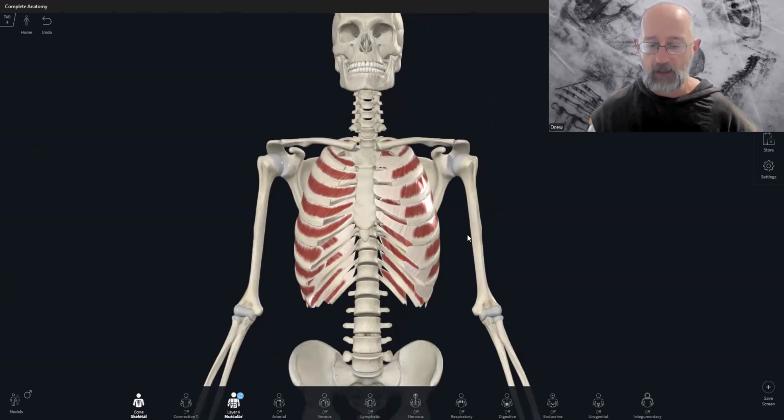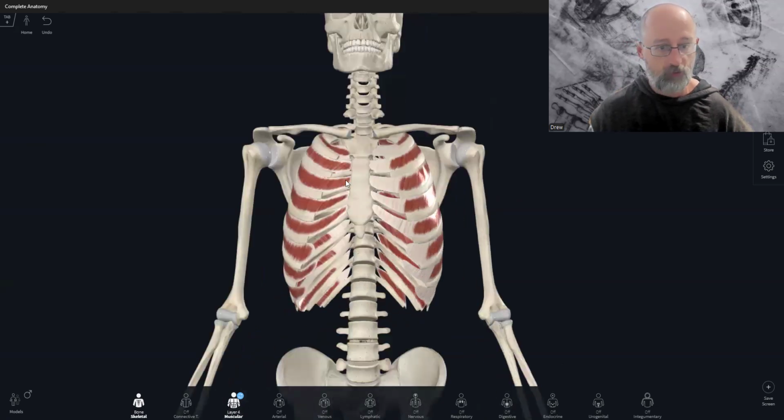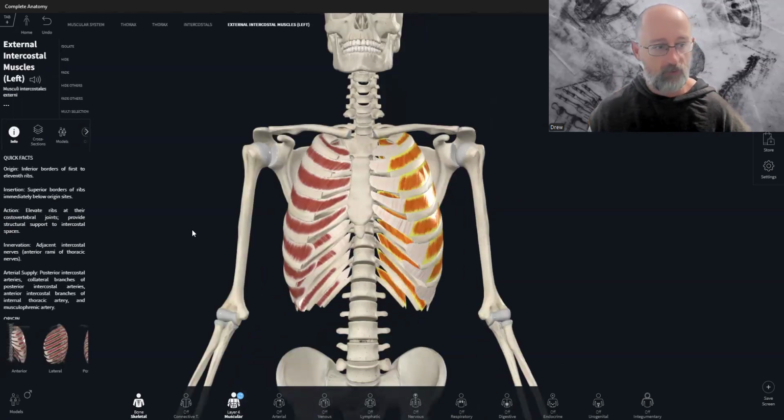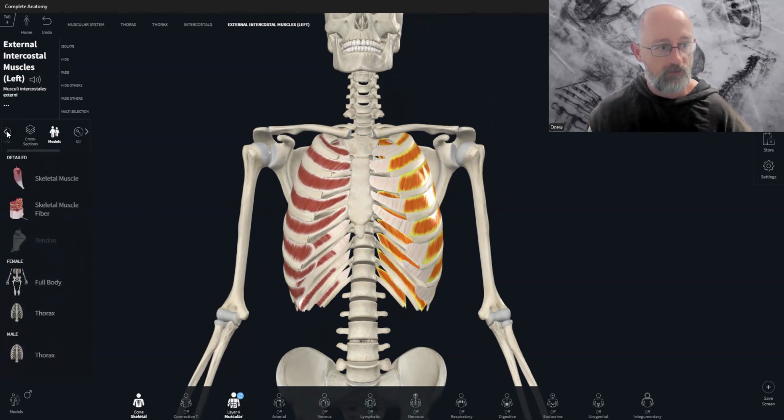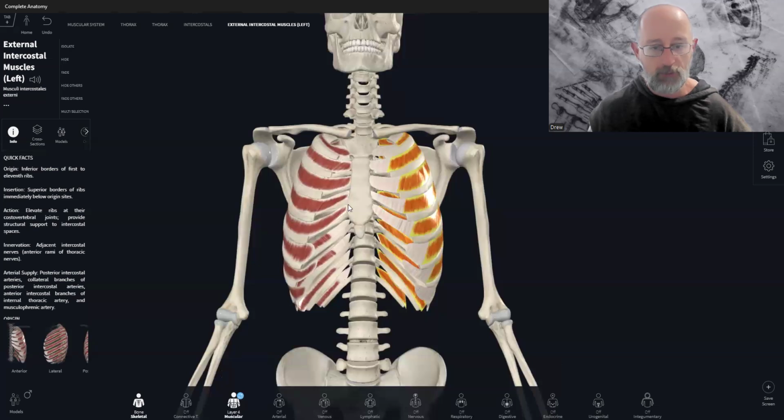And a lot of movement therapies, like the energetic based therapies. So that's a quick overview of the biomechanics of the internal and external intercostals. Unfortunately, for whatever reason, in Complete Anatomy they don't have a movement diagram like they have for nearly all the other models, so you can't really get a sense of the movement that happens there.